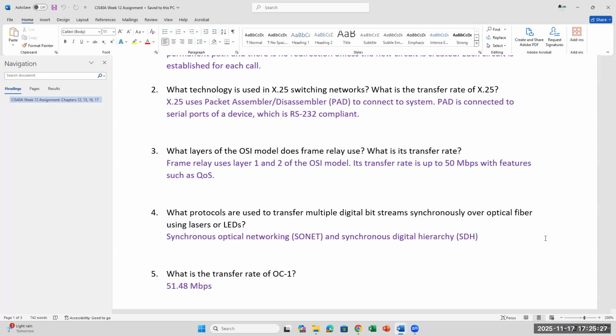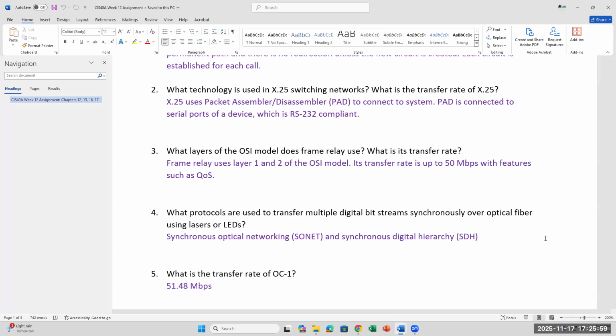So for the next question, it asks you what protocols are used to transfer multiple digital bit streams synchronously, that's the key word, over the optical fiber using laser or LED. And you would know that this is synchronous optical networking, which is known as SONET, and synchronous digital hierarchy, which is SDH.